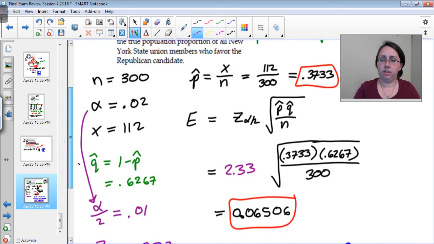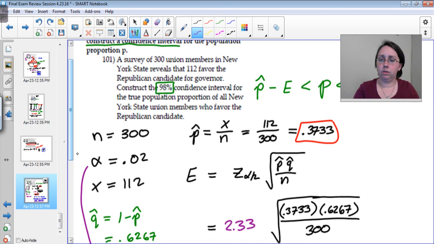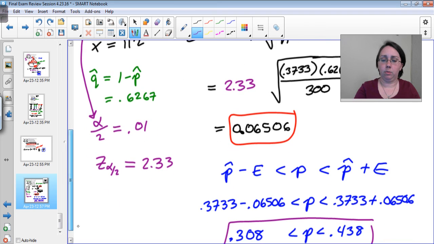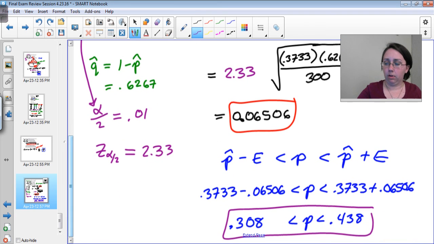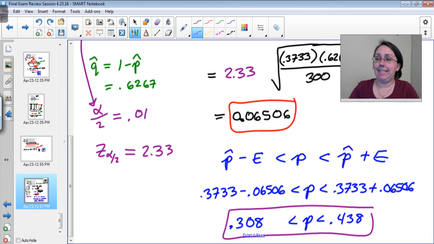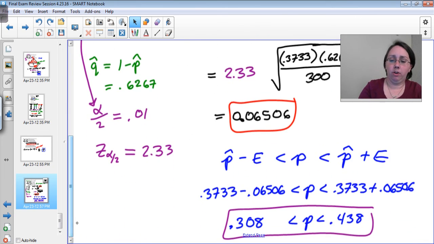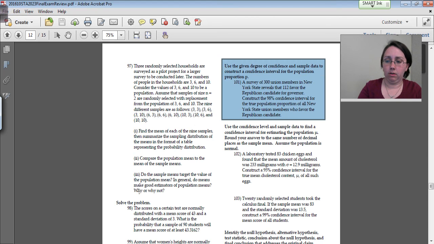Did it say percentage? Proportion. Yeah, so proportion would just be the decimals. 99? Wait, hold on. This was 101. You asked for 100 too, also, didn't you? Yeah, but I like the way that 99 was. Oh, okay, so 99 instead.